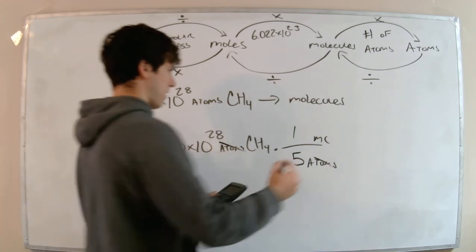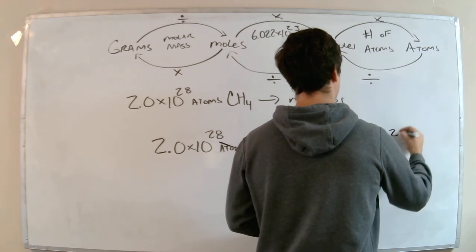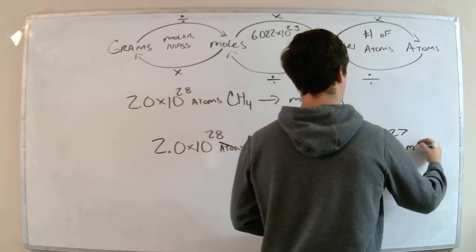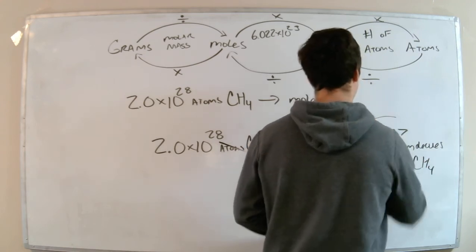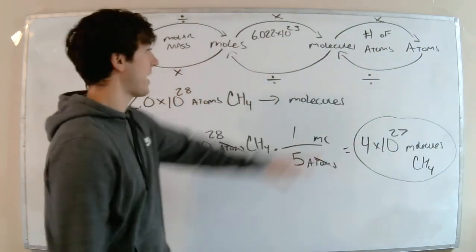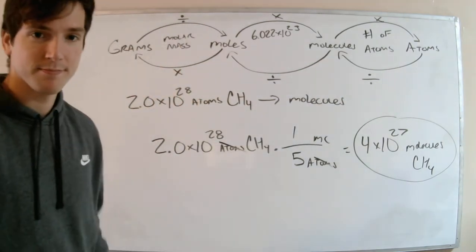Oh, I was off. That's okay. 4 times 10 to the 27th molecules of CH4. Right, I was at atoms, I divided by 5 to get to molecules.